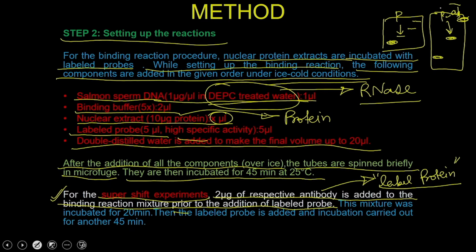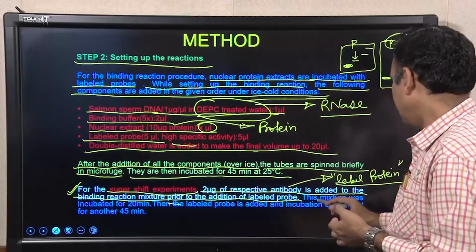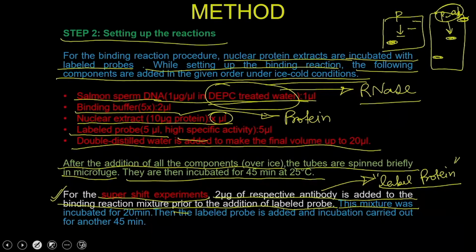That increases the molecular weight by a very large amount, adding a lot to the final protein-DNA complex that is formed. So, this mixture is incubated for 20 minutes and then the labeled probe is added and incubation is carried out for another 45 minutes.